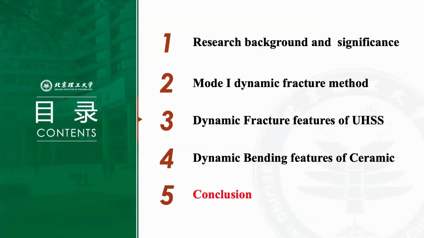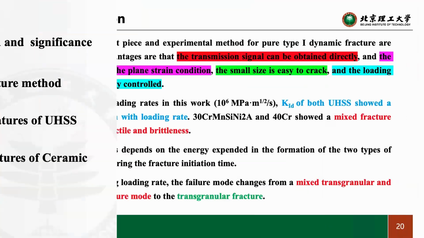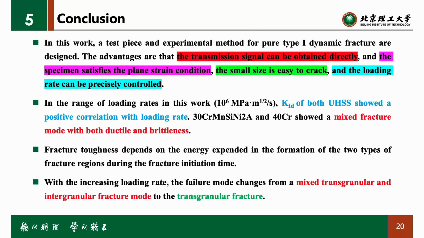Okay, finally, we will introduce the conclusion. In this work, I proposed a pure Model I dynamic fracture method and used it to measure the dynamic fracture toughness of the two steels and the dynamic bending stress of the ceramic.